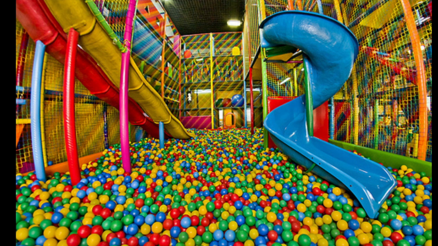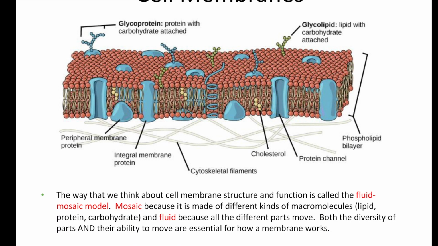And if the G protein can't move across the membrane to interact with that receptor, none of that works. So membrane fluidity is a critical feature of how membranes work, and that fluidity is dictated by the chemical composition of that membrane.